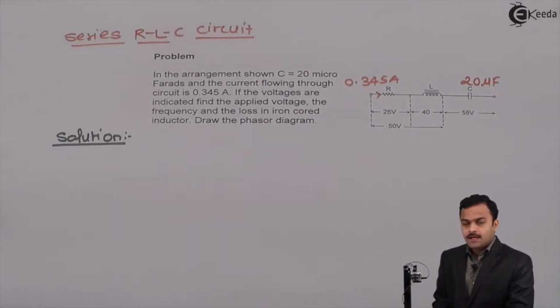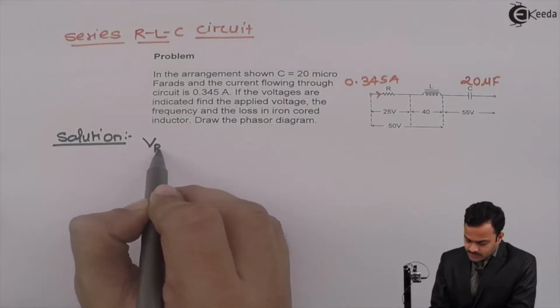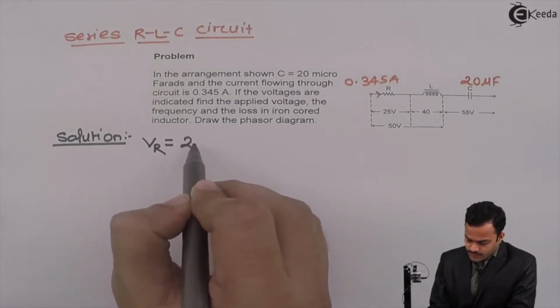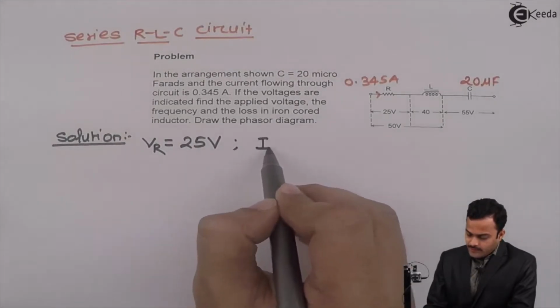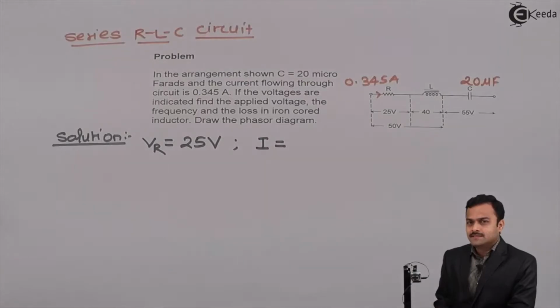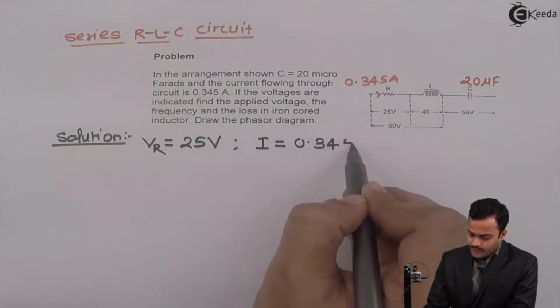Here it is clearly given voltage across resistance VR is 25 volt, and current flowing through all the elements, being a series circuit, will remain the same, that is 0.345 ampere.